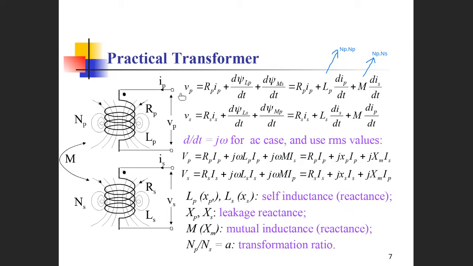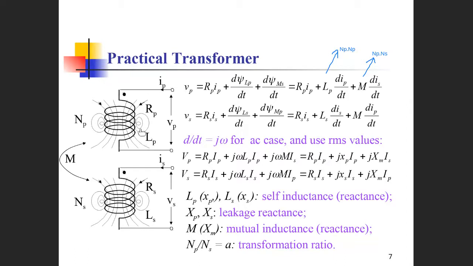If you write this on one side using Kirchhoff's voltage law, that's Vp minus Rp Ip minus Lp dip/dt minus M dis/dt. This is based on Kirchhoff's voltage law for this circuit.